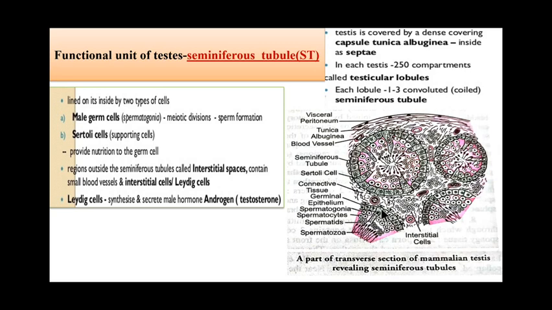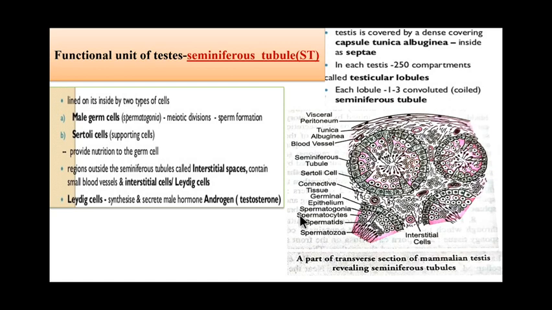Okay, so we saw that the germinal epithelium is lined by two types of cells. One is the male germ cell, that is the spermatogonia, which helps in the formation of sperm. That is the primary germ cell in the epithelium of the seminiferous tubule.